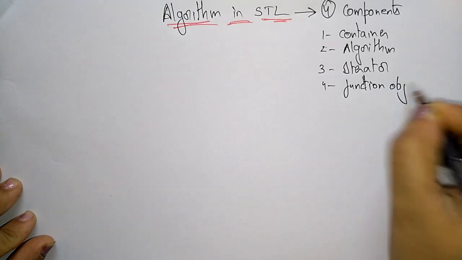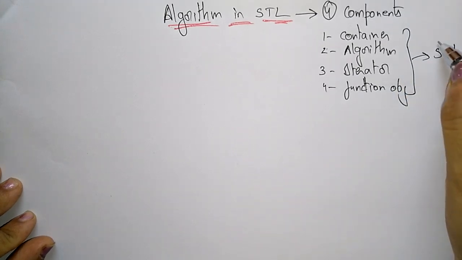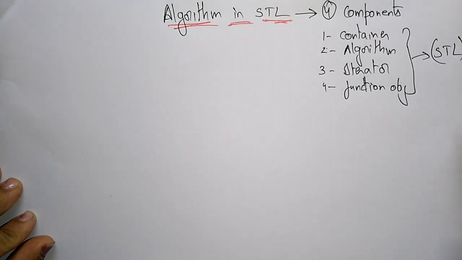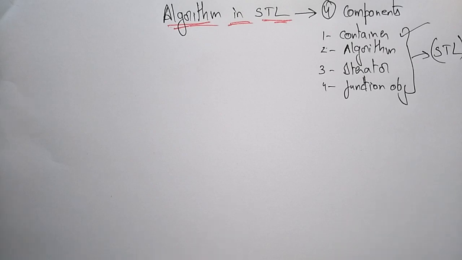So these are the four components that are present in the standard template library. I already explained about the container. The container is divided into sequence container, associative container, unordered associative container, and container adapter.